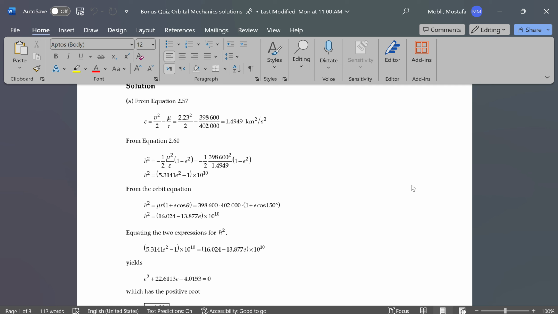This equation is going to relate H to epsilon, which is the energy of the orbit, eccentricity and mu. We have two unknowns, H and e. We can use the general orbit equation, h squared divided by mu, times 1 over 1 plus e cosine of theta.